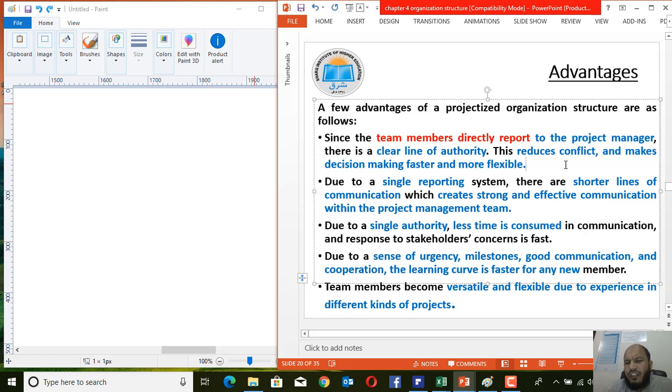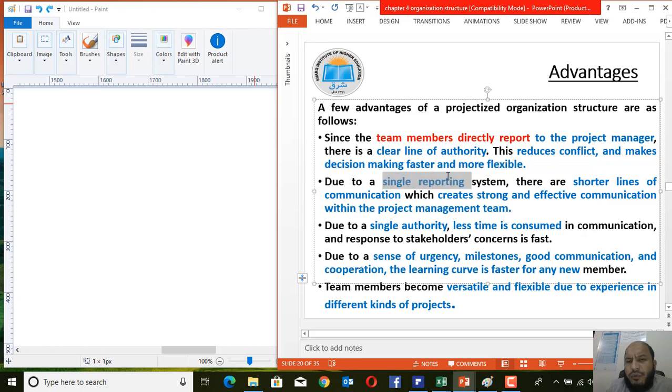Each and everything is clear, and one person is responsible to control the whole system or the whole project activities and resources. One person will take the decision, and here decision making is faster and more flexible. The person will involve all of his team members to take accurate decisions about the project.